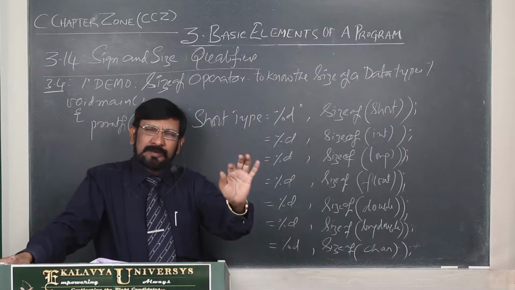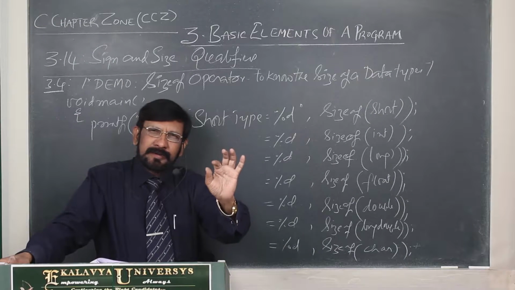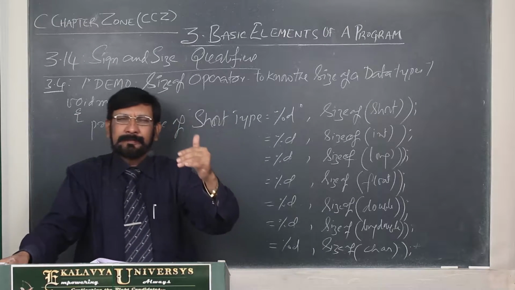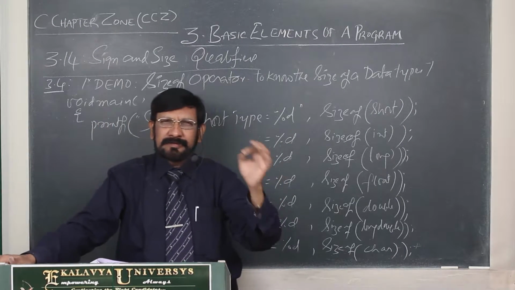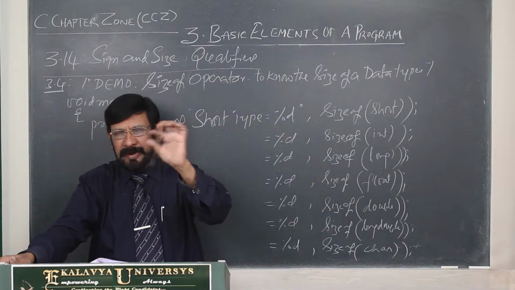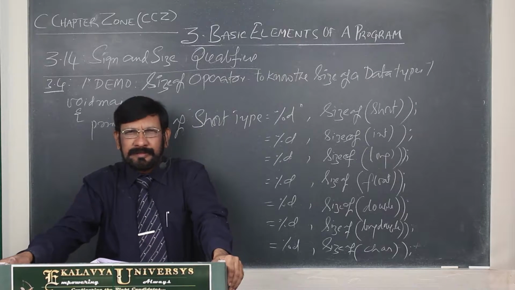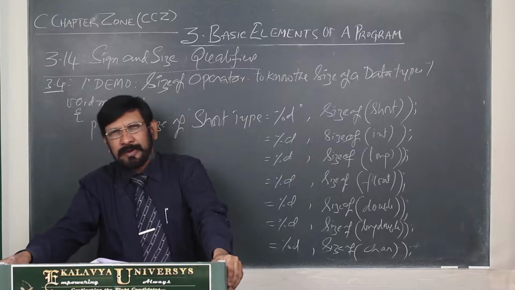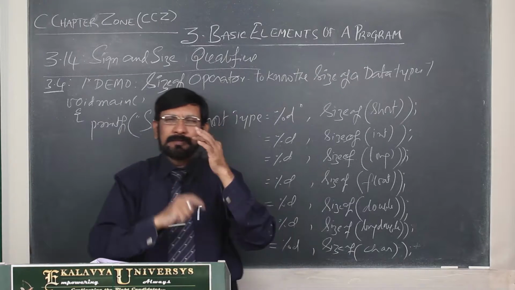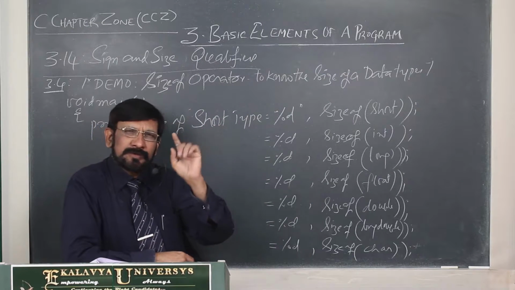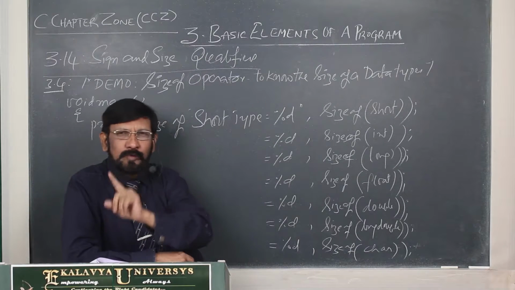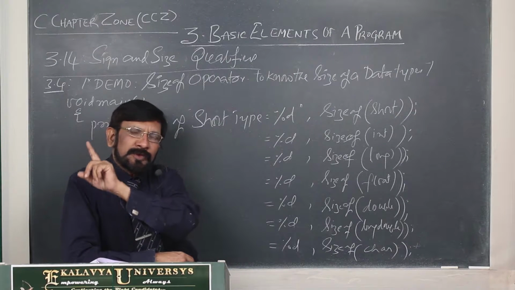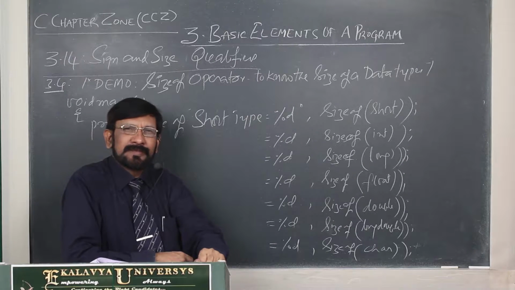For example, if we write int, whatever int we are writing is signed by default, so minus is also applicable, and its range will be minus 32,768 to plus 32,767.